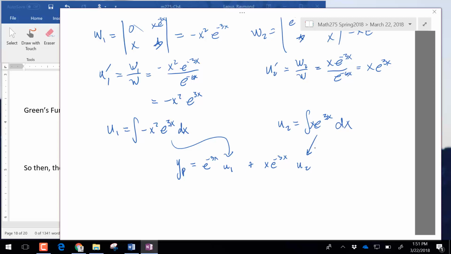So in saying that, the variation of parameters is all good and well, and it works fine. But then there's this Green's function, which is another alternative to solve the same problem that may seem a lot harder, but not a lot harder. We're doing the same amount of work. But Green's function can be generalized into something that you may or may not get to in the future.